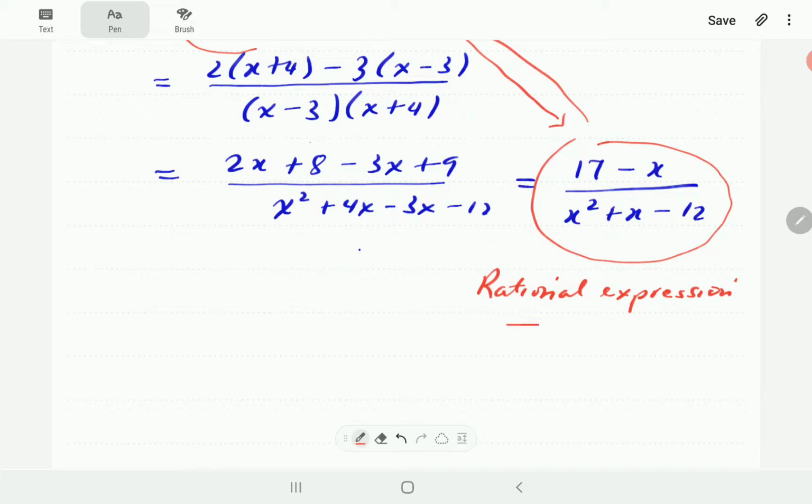So when that happens, we call this a proper rational expression. That's again a bit like in rational numbers, because rational numbers, so basically fractions, if the numerator is smaller than the denominator, then you've got a proper fraction. So in this case, if the degree of the numerator is smaller than the degree of the denominator, then you've got a proper rational expression.